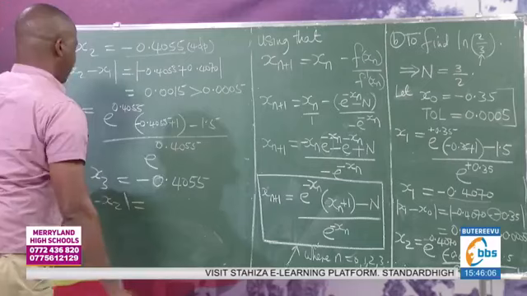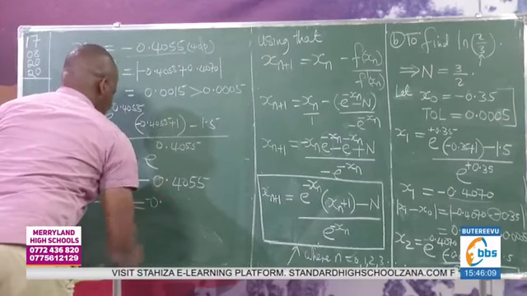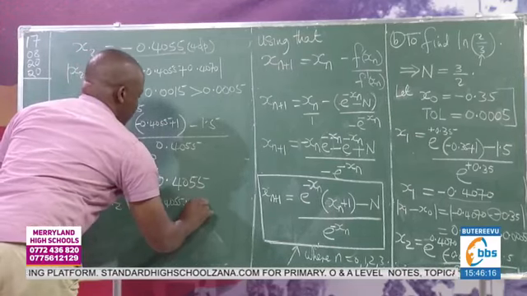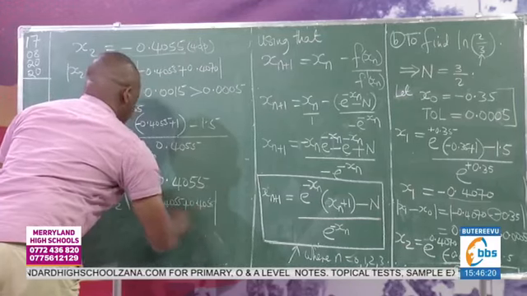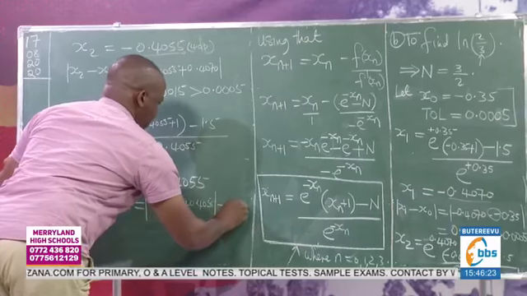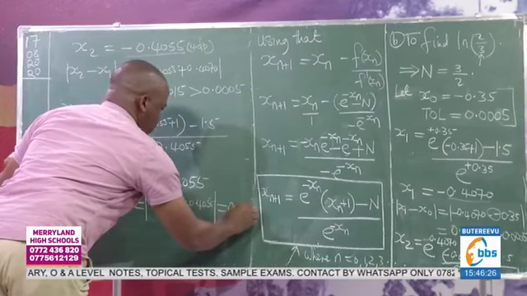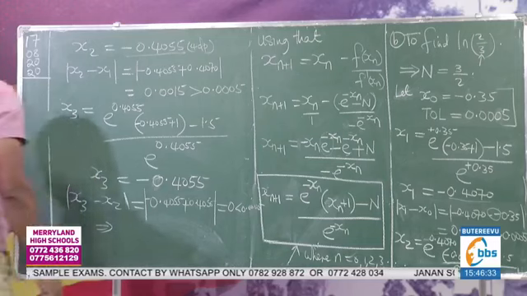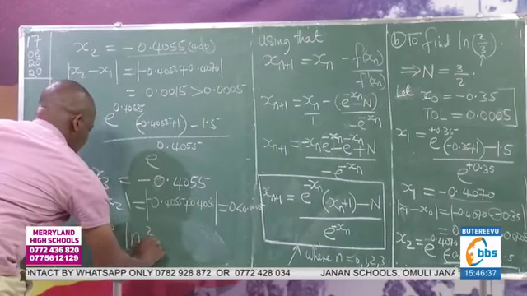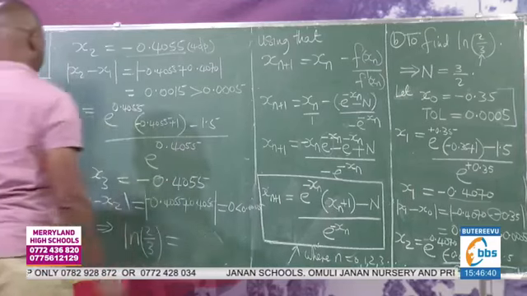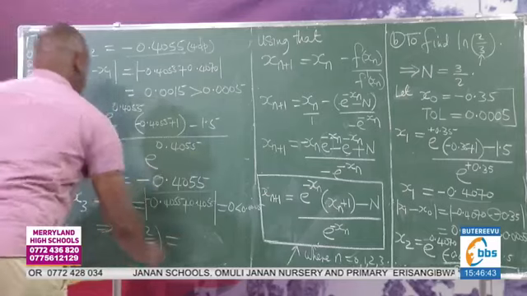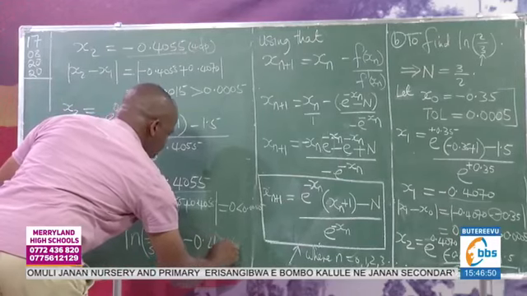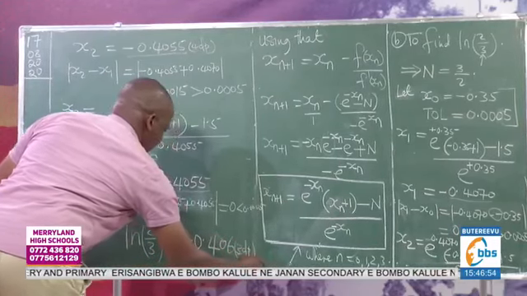If we look for the difference, this time, the difference is going to give us x3 minus, which is plus 0.4055, and this time round gives us 0, which is less than the 0.0005, implying that we have reached the convergence, and therefore it implies that the ln of 2 out of 3, which they told us to find, is actually going to be this answer, but to 3 dPs, it's going to be negative 0.406 to 3 decimal places.